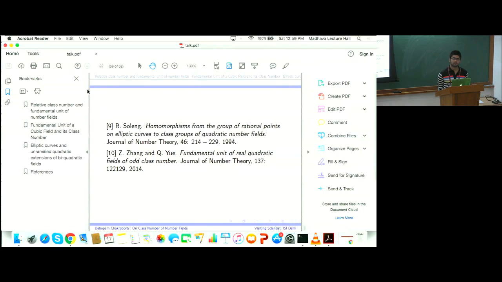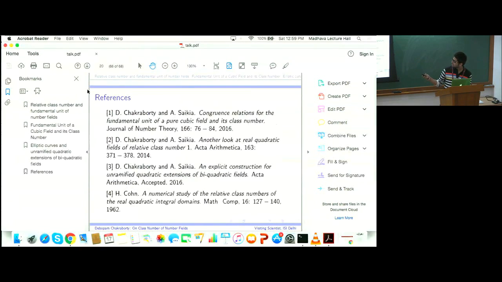Yeah, 2, 3, there are results. I think this paper only has results which talk about infinitely many fields of relative class number 2. But there is a glitch: we have assumed the infinitude of Mersenne primes or Sophie Germain primes.